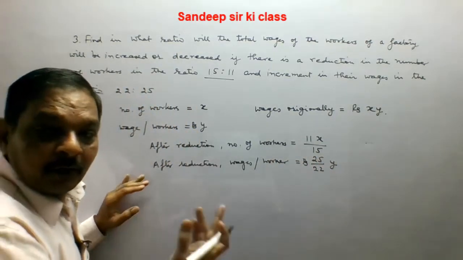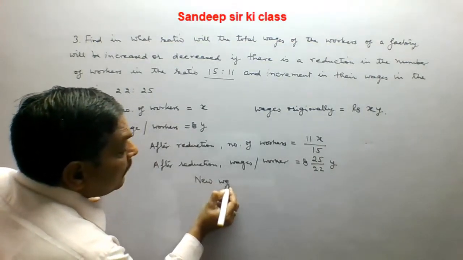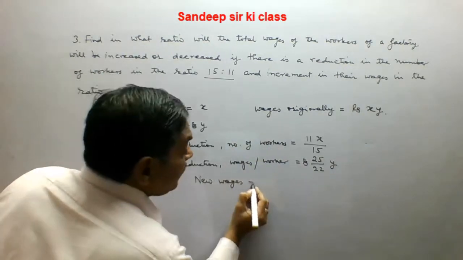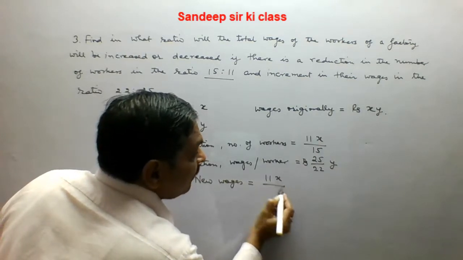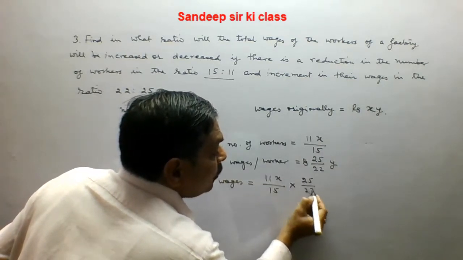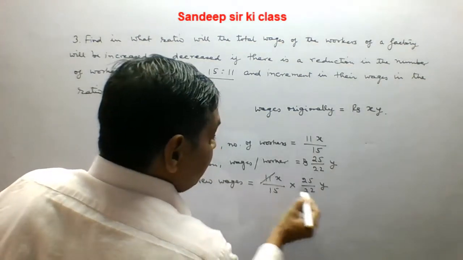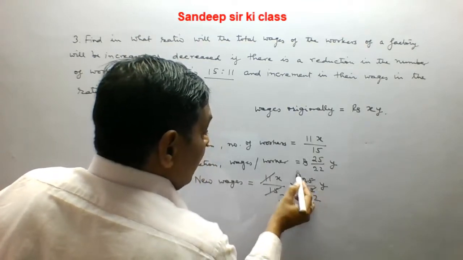So what will be the new wages? After reduction, the wages will come out to be, if we multiply these two, 11x upon 15 multiplied by 25 upon 22 into y. Simplify it. 11 is cancelled 2 times, 5 cancels.